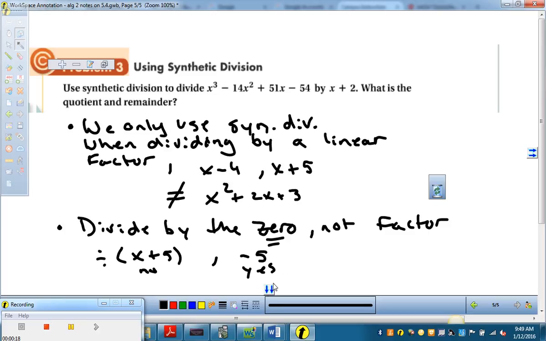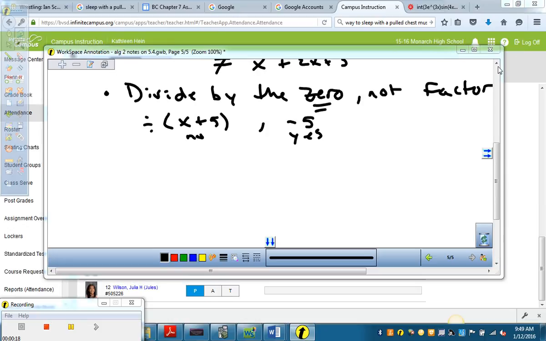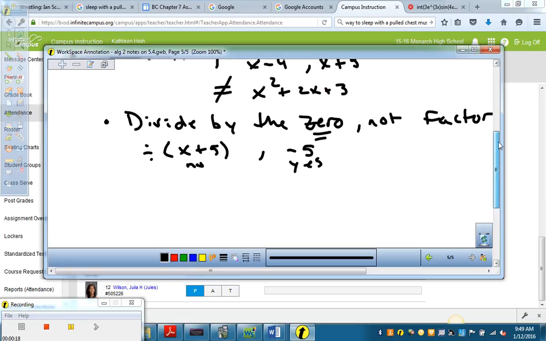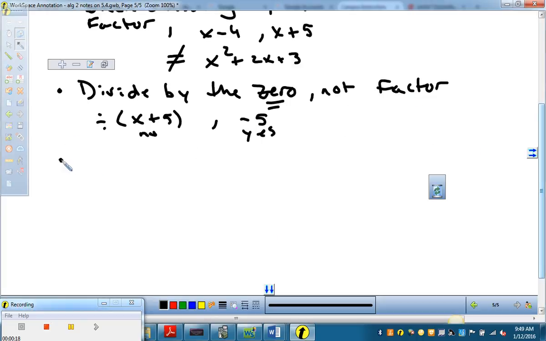And then finally, the operations are always multiply and add. I'll get there. I haven't written it yet. The operations for the process are always multiply and add. Always, it's synthetic division. Okay?